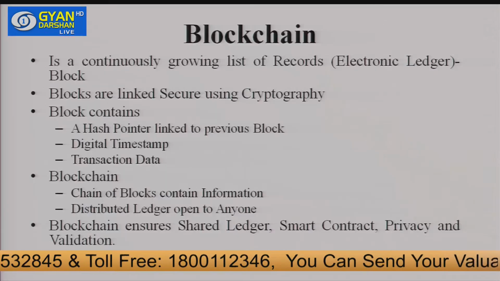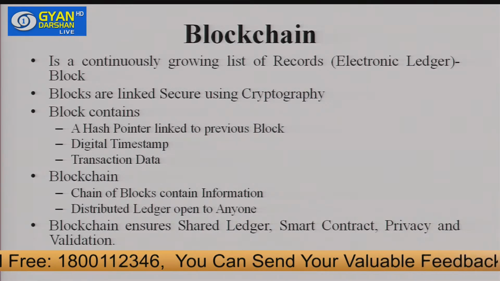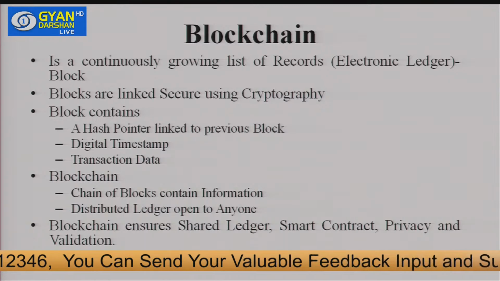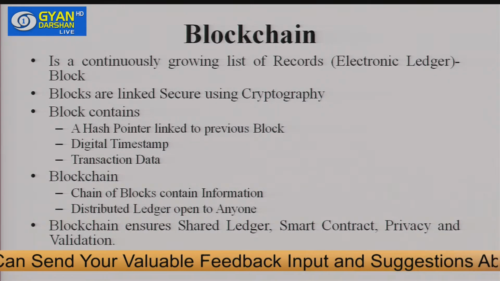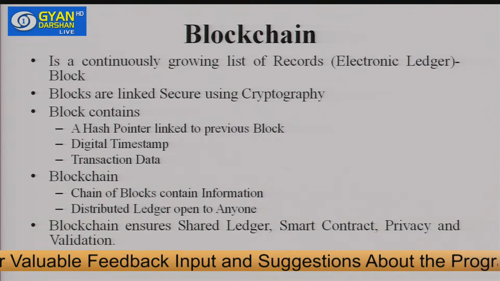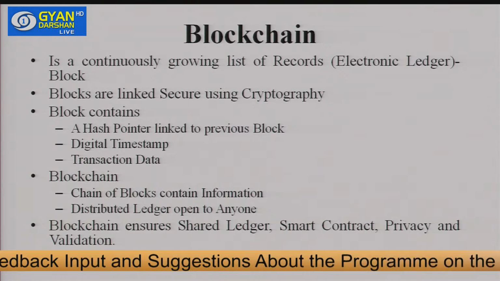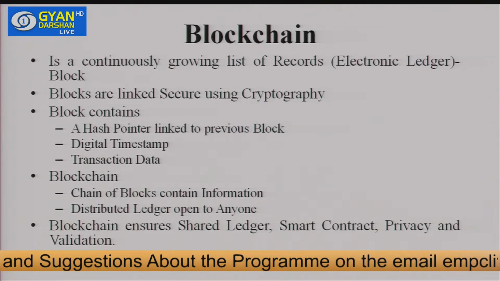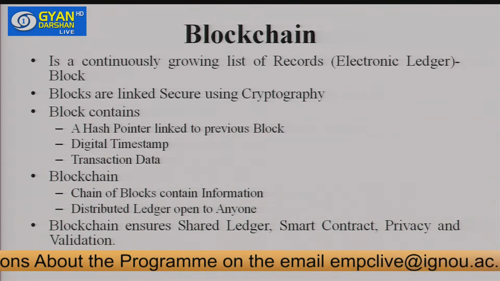That's why, by linking all the blocks, we call it a blockchain. Blockchain ensures a shared ledger, smart contracts, privacy and validation. The first application of this blockchain technology is Bitcoin.